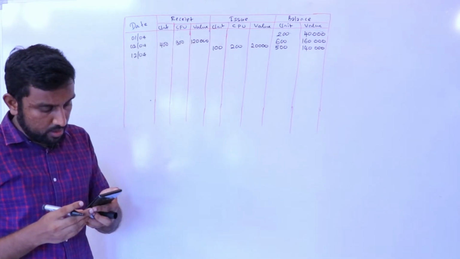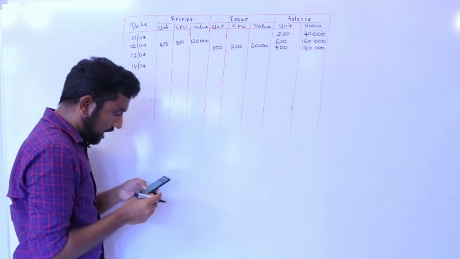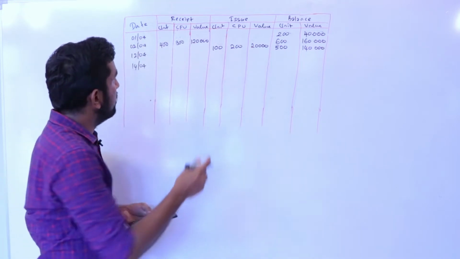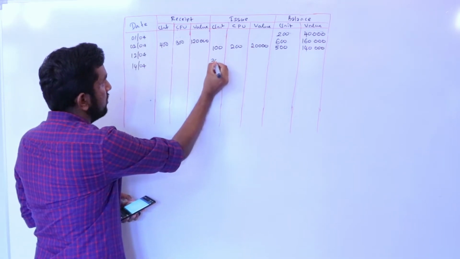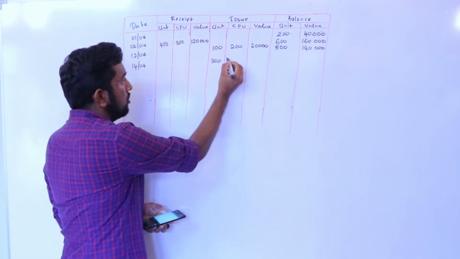Then there's an issue on the 14th, to the production department. They are issuing 300 units. So you have to find the cost per unit.